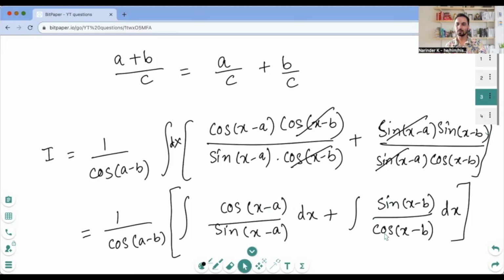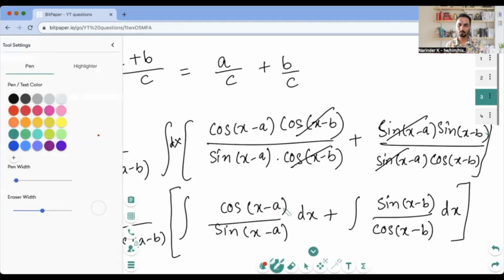In the second term, cos(x minus b) is the function and its derivative is minus sin(x minus b). That means we can write this as minus, because minus times minus is plus.